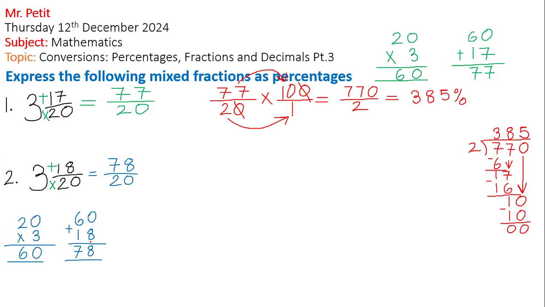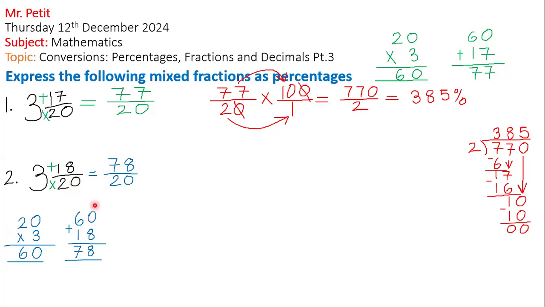Destiny, what is 60 plus 18? 78, very good. And so 78 is gonna be our numerator. And then we keep the denominator as 20 because 20 was already here.